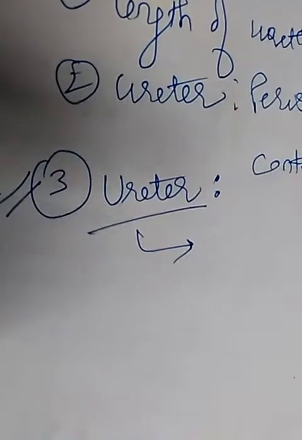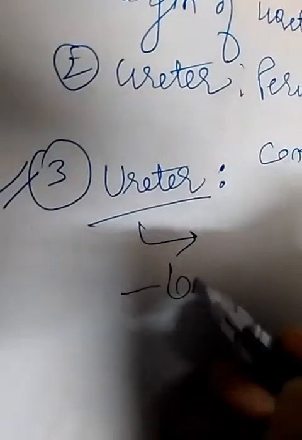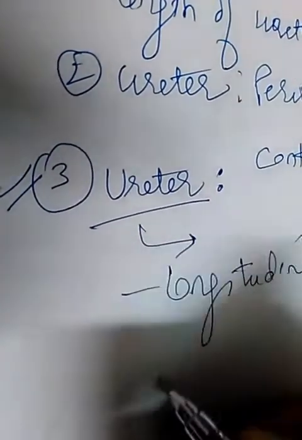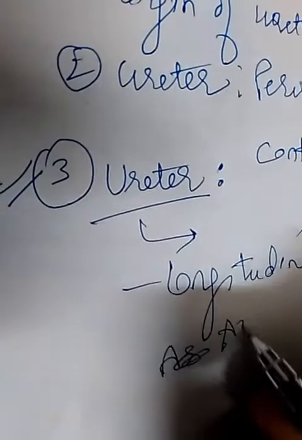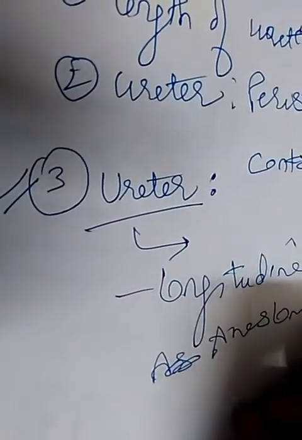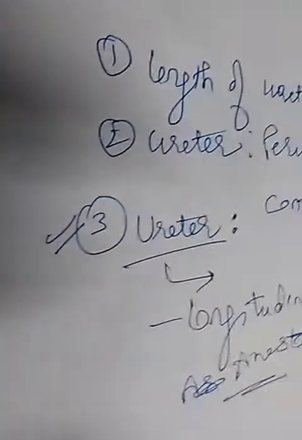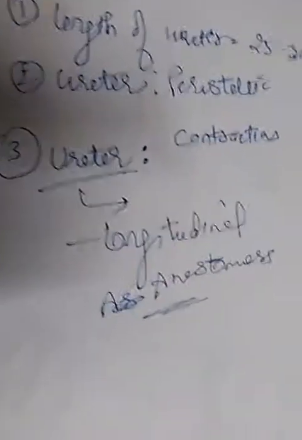You can identify it because of the presence of various longitudinal anastomosis over there. And for ureter I will show you 3-4 images which are very important.